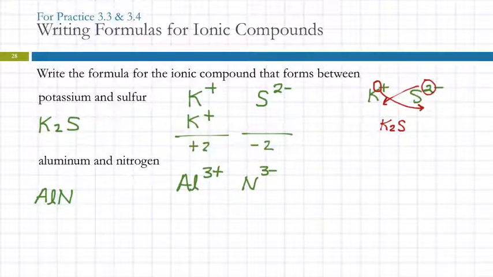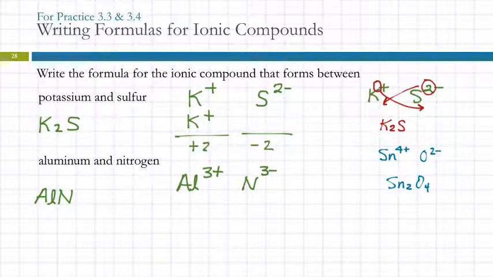You should, though, look at it when you're done and say, is that the lowest ratio? Because what can happen is if you get something like Sn4 plus and O2 minus, well, those charges aren't the same. Let's crisscross. What do we get if we crisscross? Sn2O4.